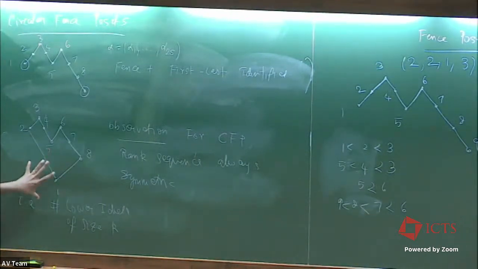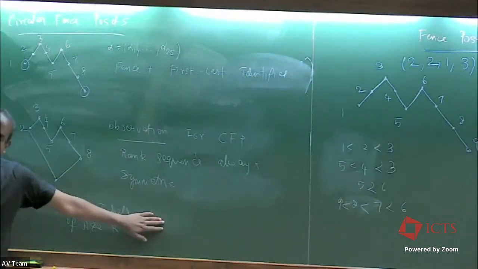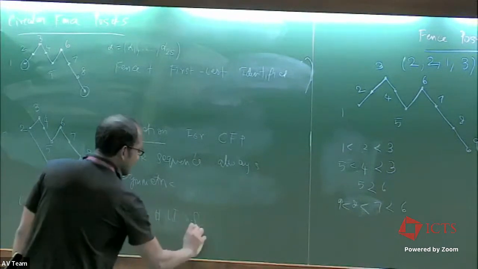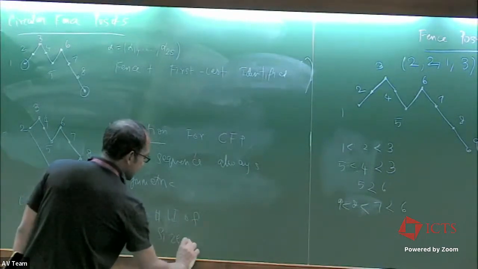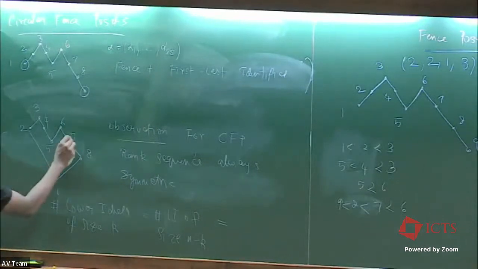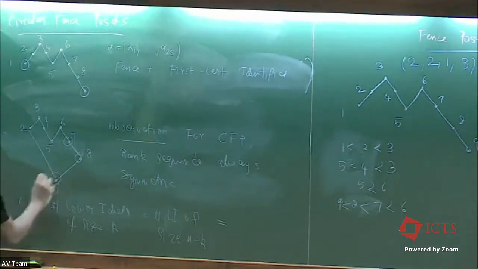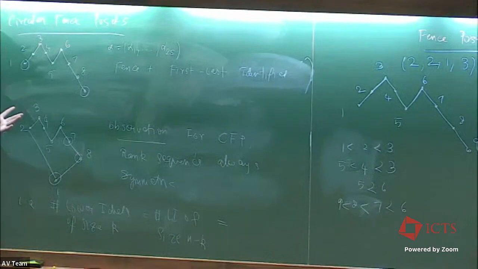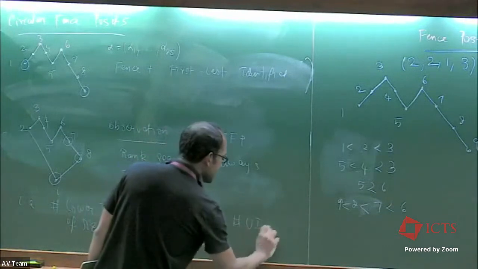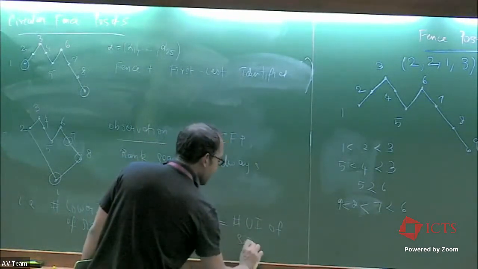It says the number of lower ideals of size k is equal to the number of lower ideals of size n minus k. But if you take any lower ideal and take the complement, that is going to be an upper ideal, right? So this is equal to the number of upper ideals of size k.